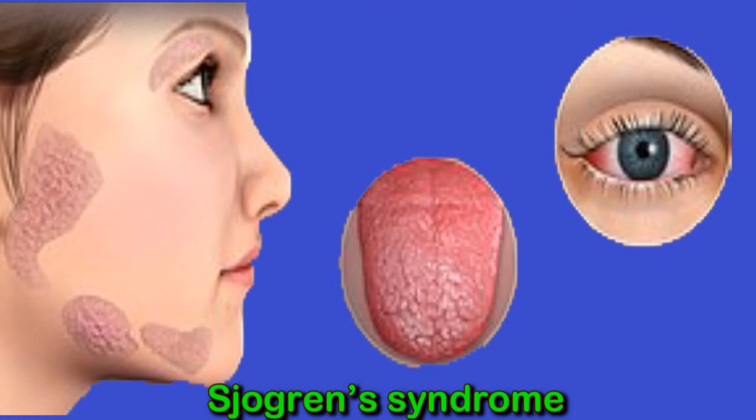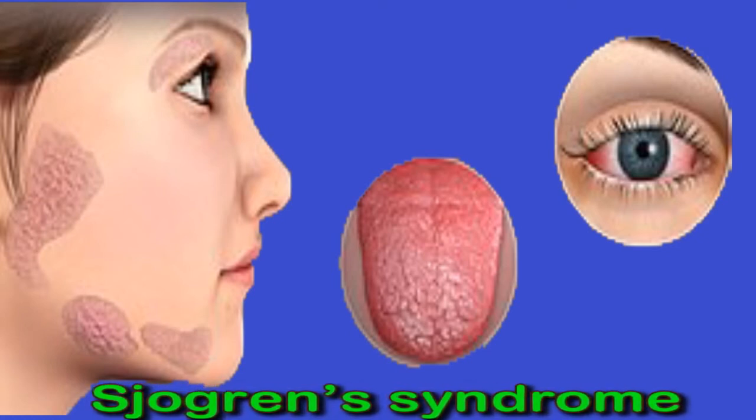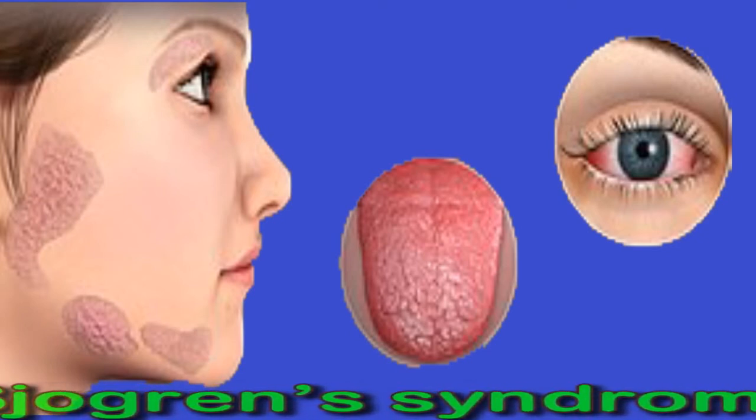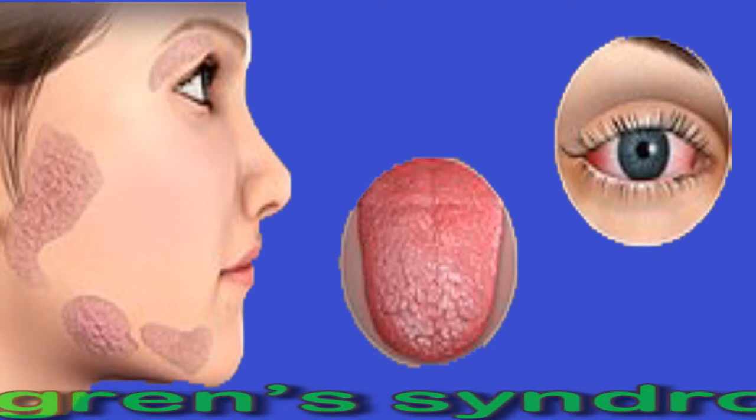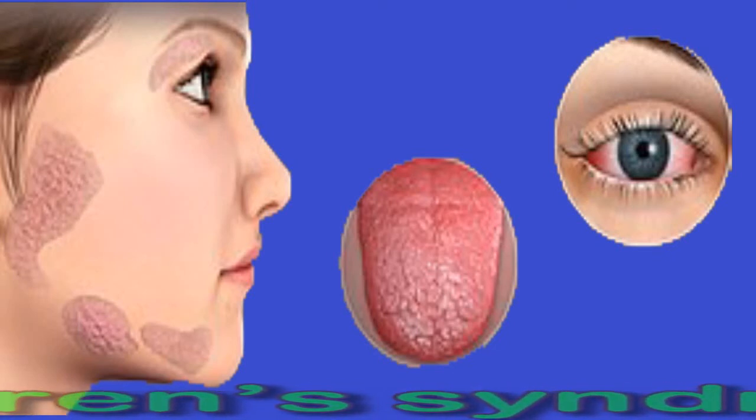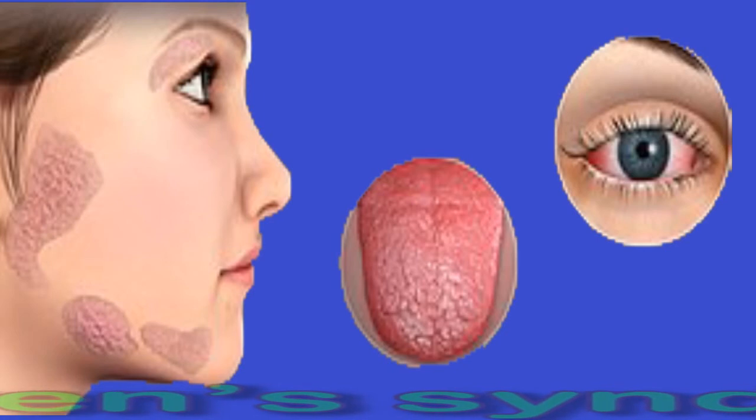Other symptoms include excessive dryness of the mouth and nose, a chronic cough, vaginal dryness, dry, itchy or burning eyes, numbness or tingling in the hands and feet, fatigue, blurry vision, difficulty swallowing or speaking.